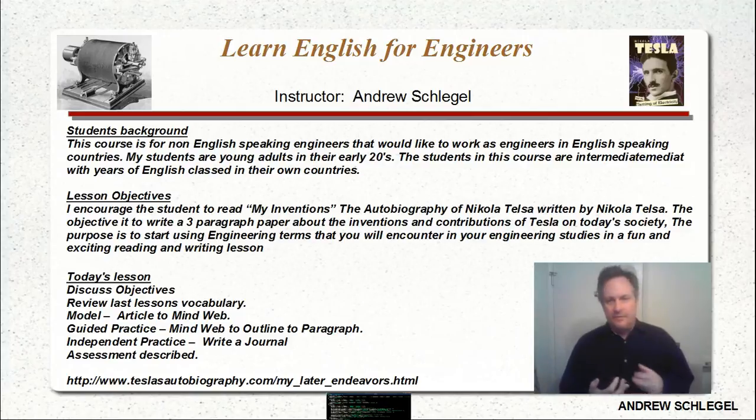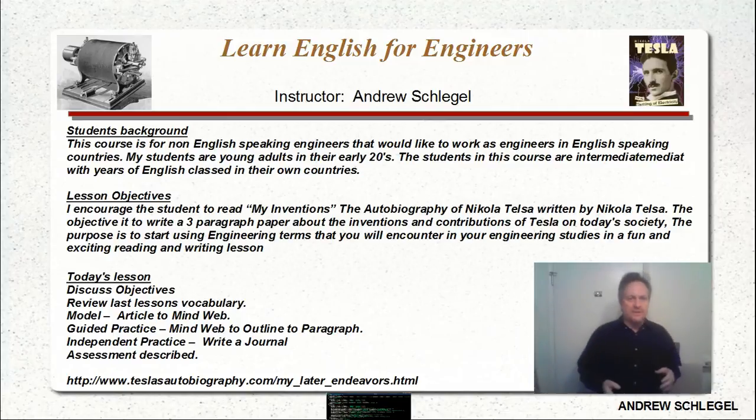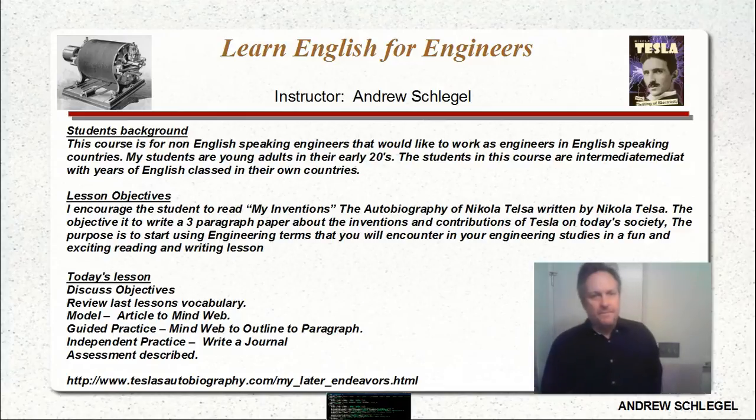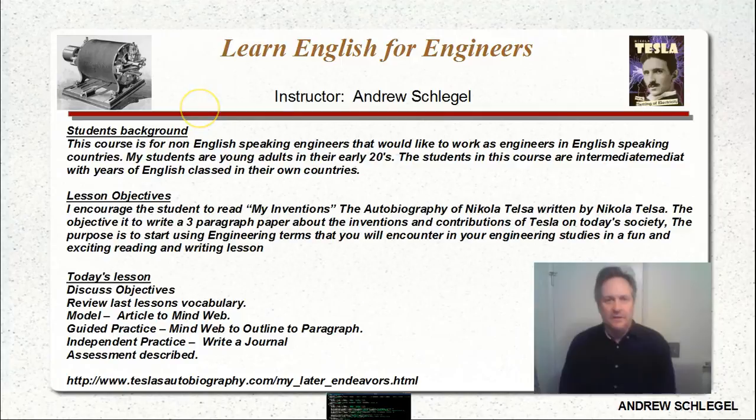You'll do the mind web, and then from that you go to the outline, and then from that you go to your actual writing. We're going to work through the process here, so hopefully all of you are comfortable with it. And then after that, you're going to get your independent practice where you get to do your project.